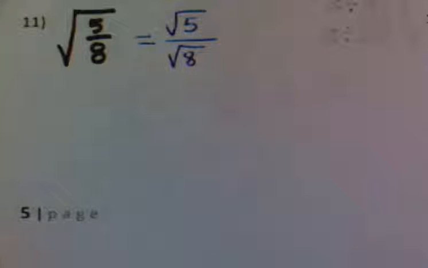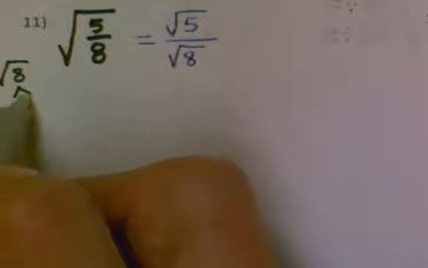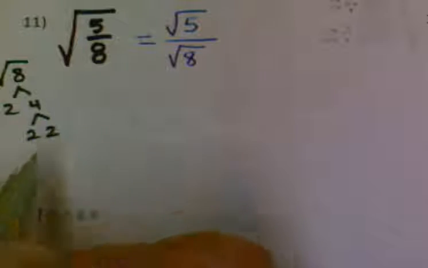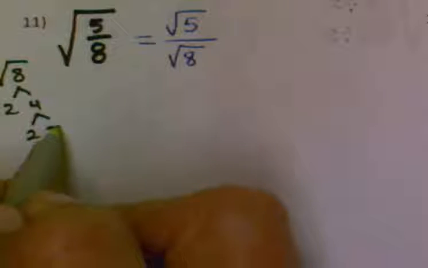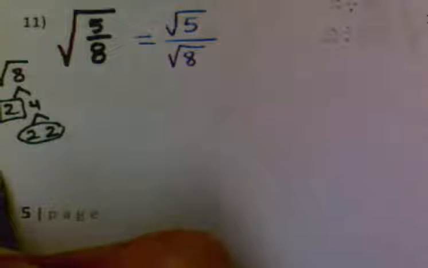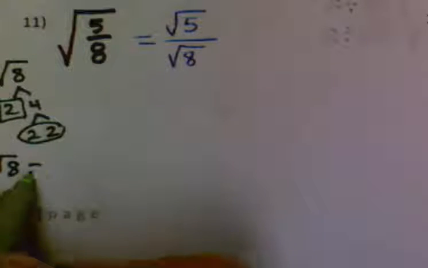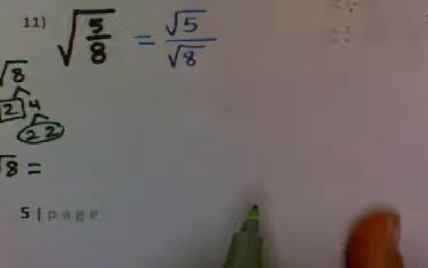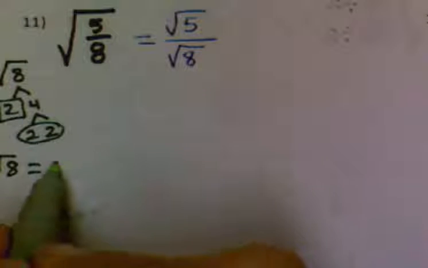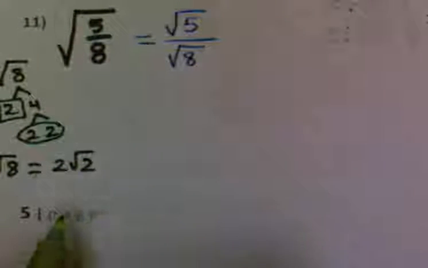So let's first simplify root 8. I'm just off to the side going to do one of my little factor trees, just looking at the square root of 8. And I know that's 2 times 4 and 2 times 2. So I have one pair and one not. So the square root of 8 is going to be the same thing as 2 times the square root of 2.